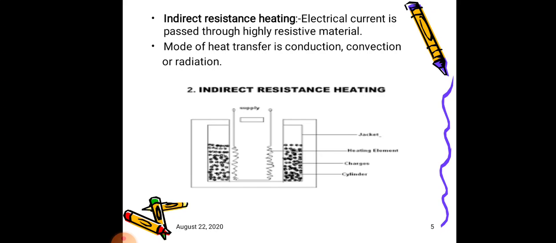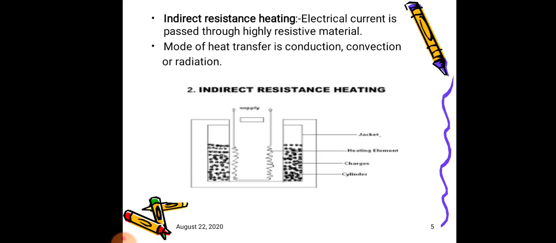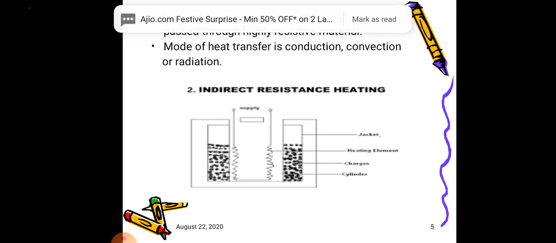Now next is what are the properties of a good heating element for the resistance heating. So we will talk about the properties of a good heating element. First of all, the resistance of element should be high, so it should have high specific resistance.